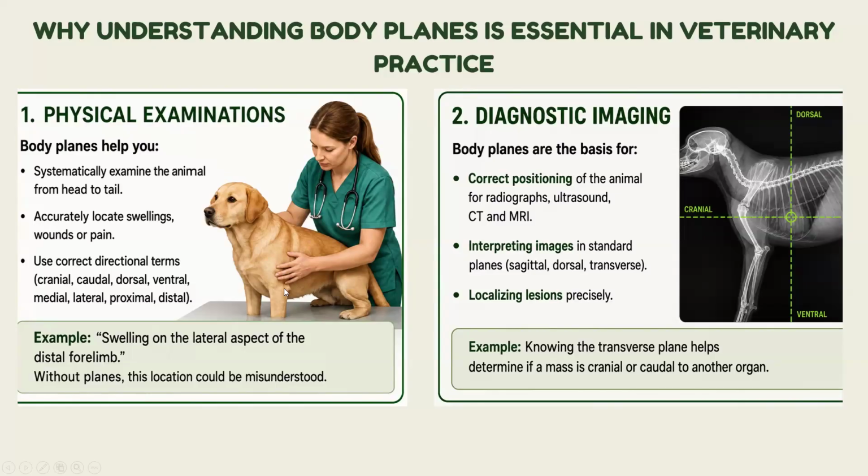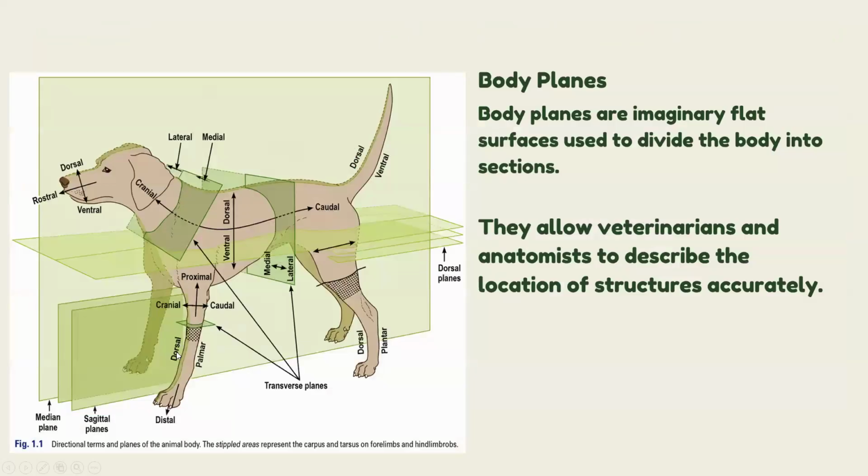And it says the distal forelimb. So that means it's at the leg, the palm region. Let me open the structure. Yes, it says swelling on the lateral aspect of the distal forelimb. Now, this is the distal aspect of the forelimb, so the swelling is on this lateral aspect.